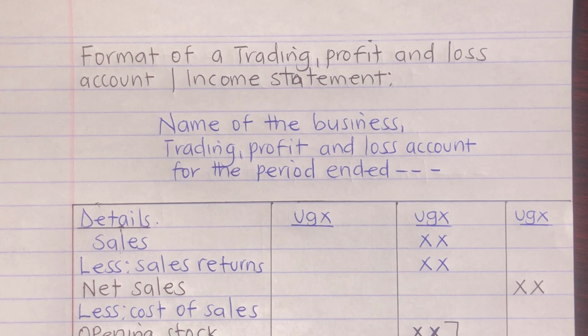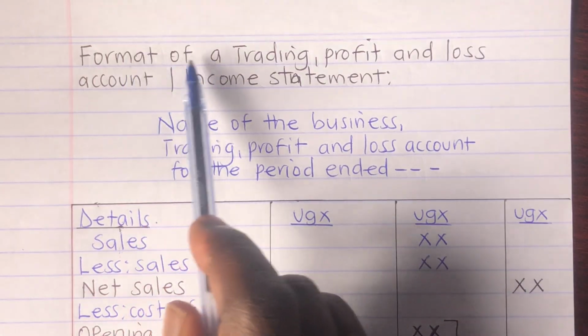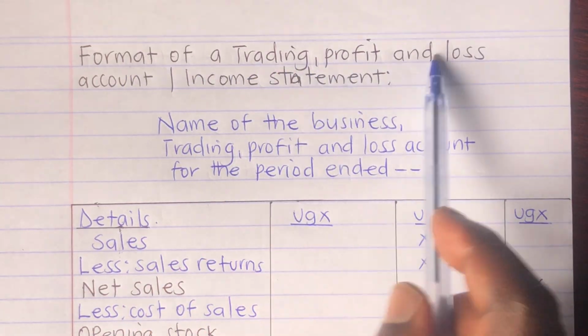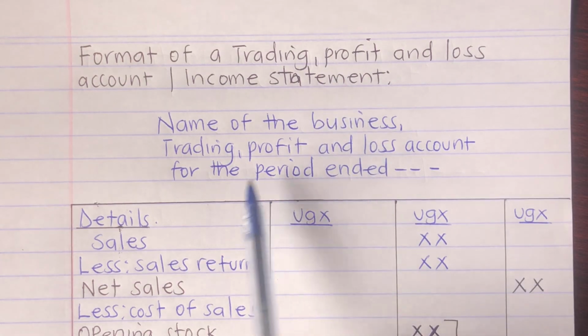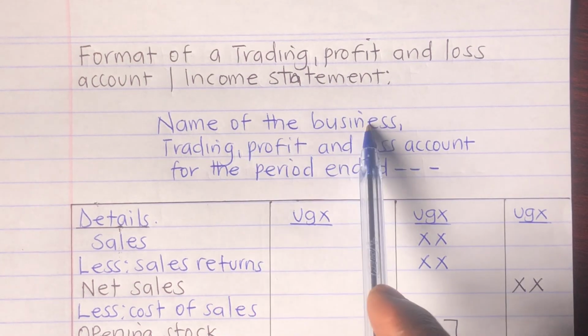Now, when you're preparing any trading account or any financial statement, we always begin by coming up with the business name, the name of the account or the statement, and the period in which the transactions took place. I'm going to be teaching you the format of a trading profit and loss account or an income statement. We begin with the name of the business.